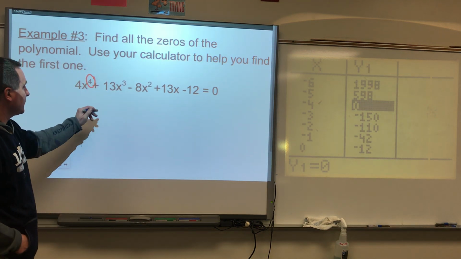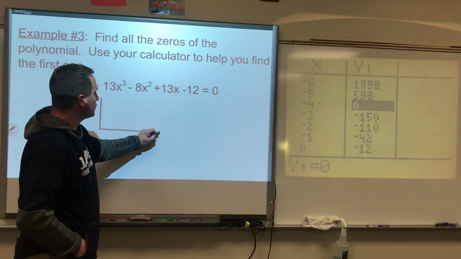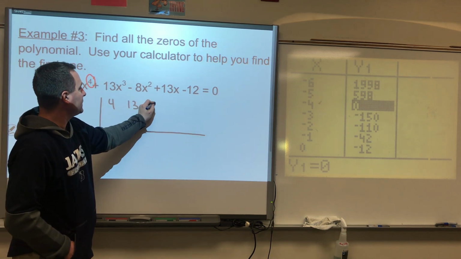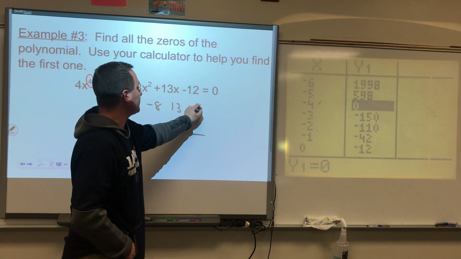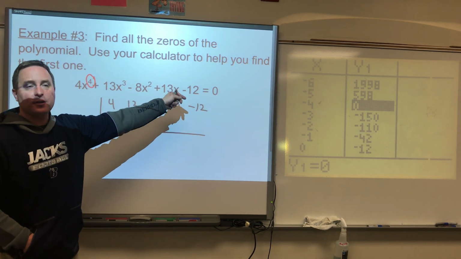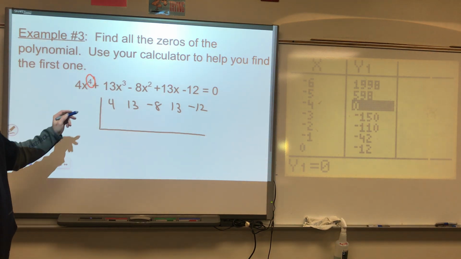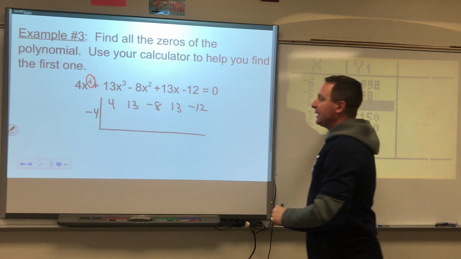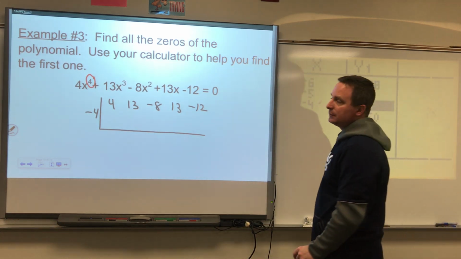Okay, so again, I'm going to do this business. I get 4, 13, -8, 13, -12. Those are all my coefficients. All the powers are there, the constant is there, all is good. And I'm going to try -4. And according to this, -4 should give me a 0. I'm going to try it here.